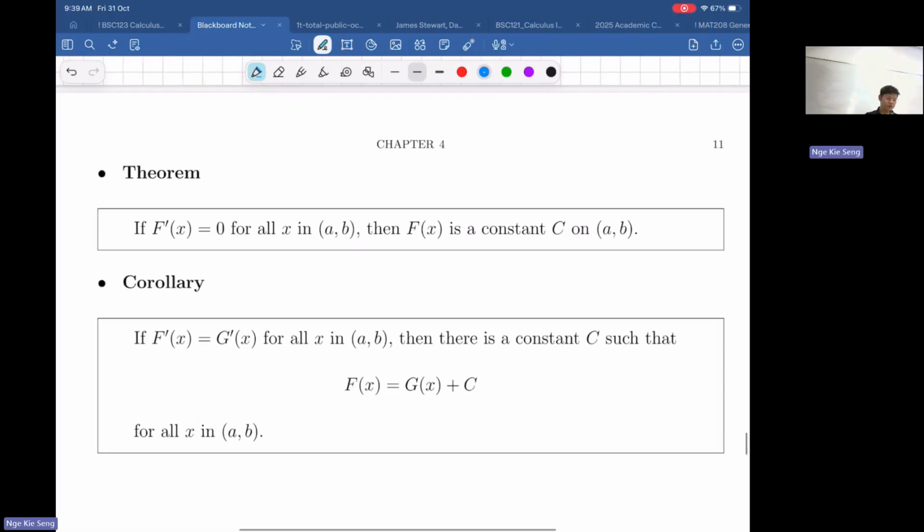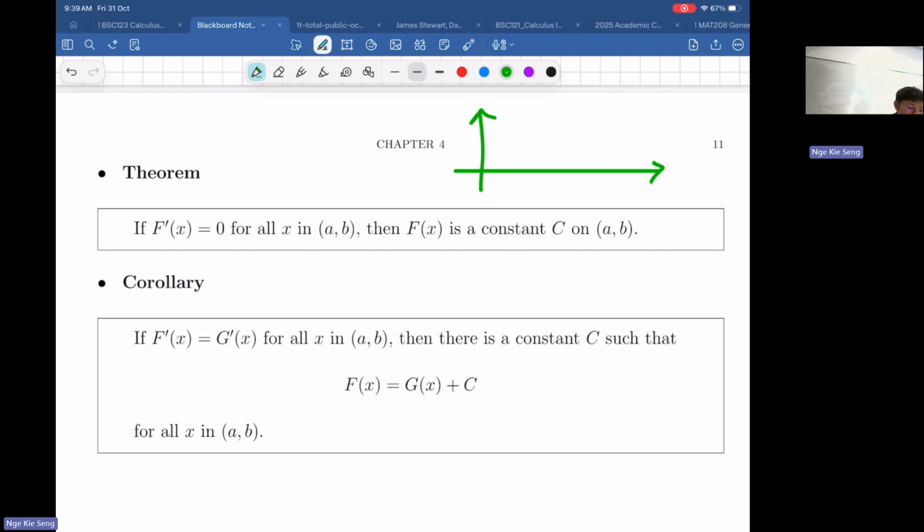All right. There's a very powerful theorem here. It can tell you how to produce a constant function. It says that if f prime x equals 0 for all x in (a, b), and once we talk about the derivative, one image you need to form in your mind is the tangent line.